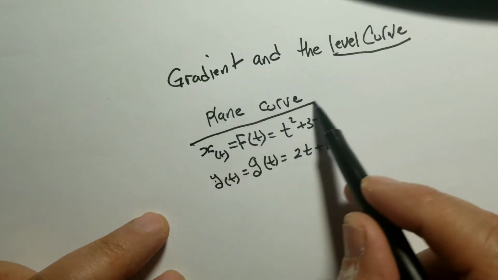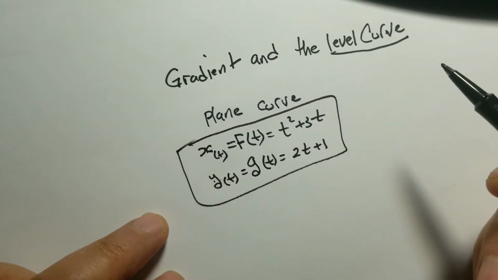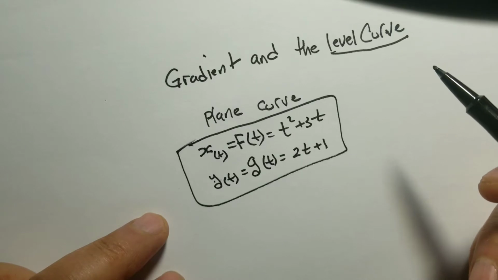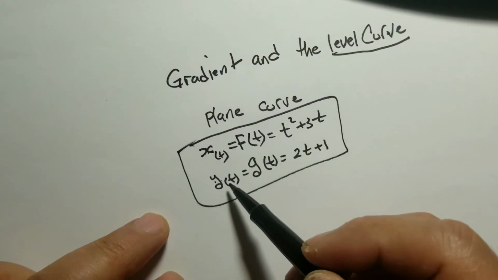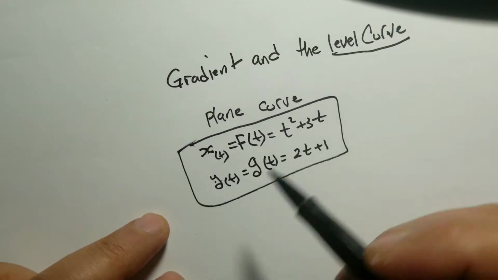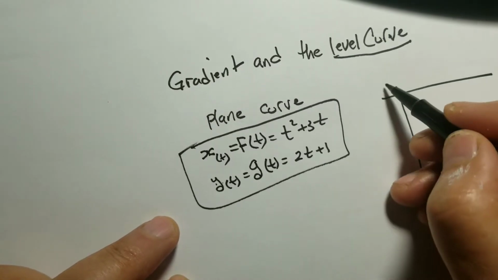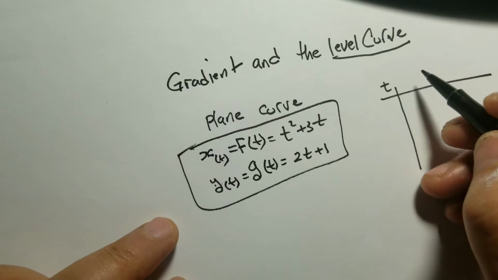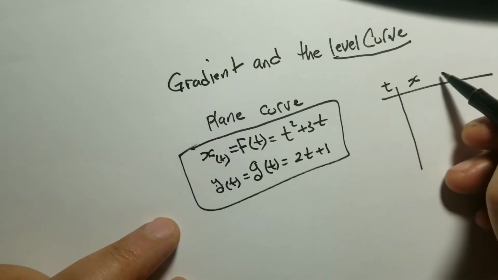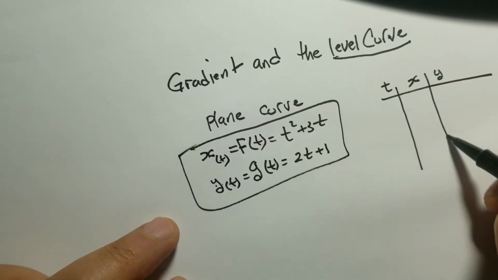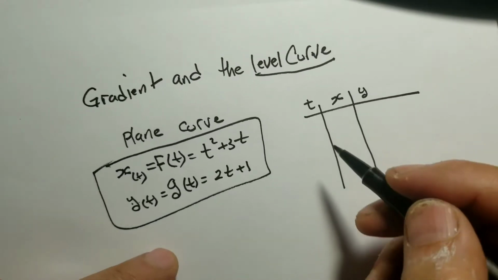This is called a parametric function, in which x and y both depend on another parameter called t. If I take t as an independent value, then I determine the x and y according to the t value.